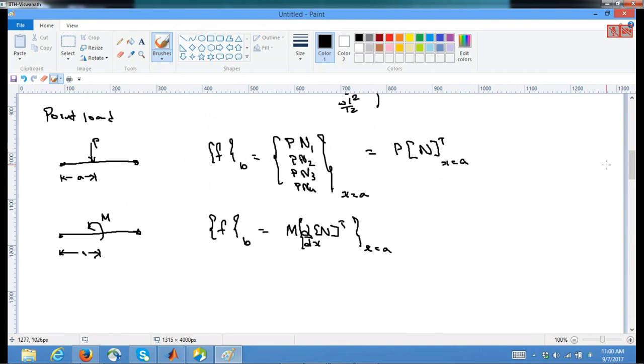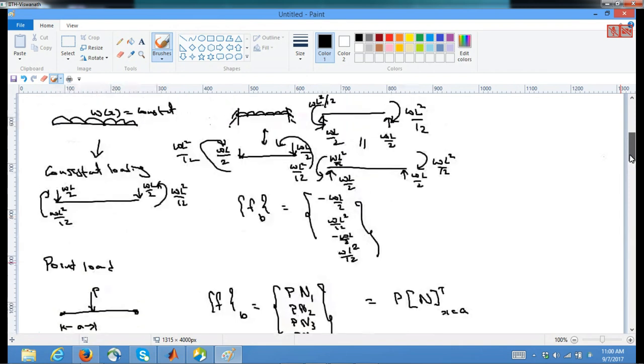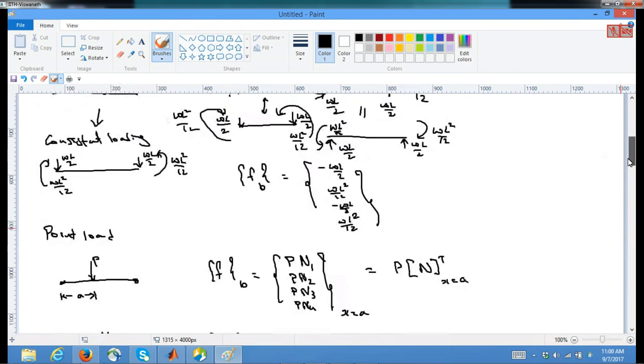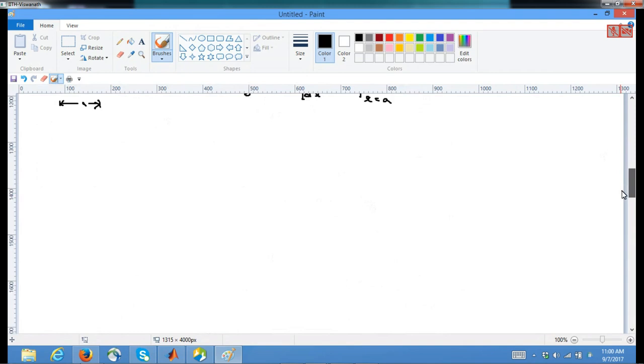And then after knowing how to handle the point moment, point load, and distributed loads of different kinds, we started looking into a simpler example.